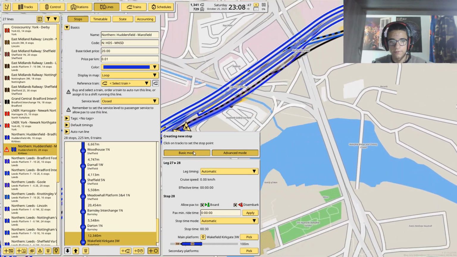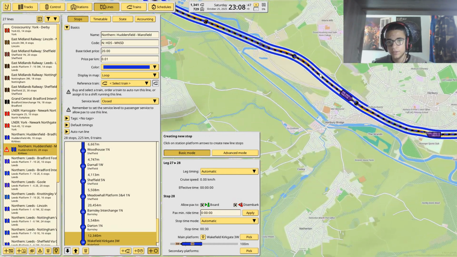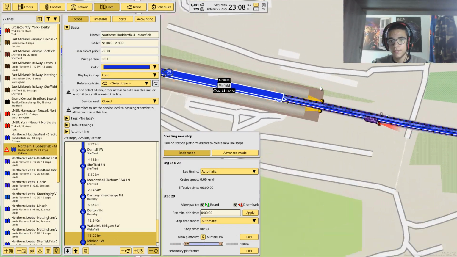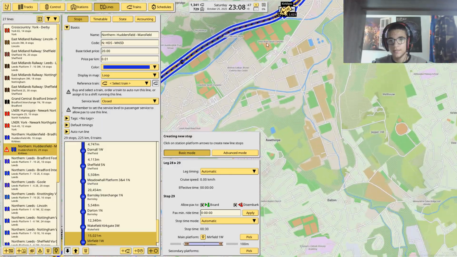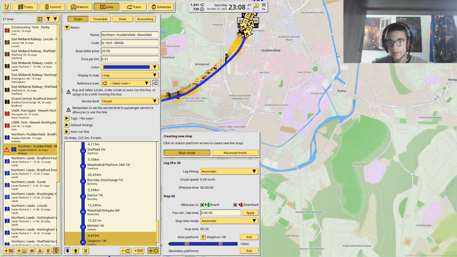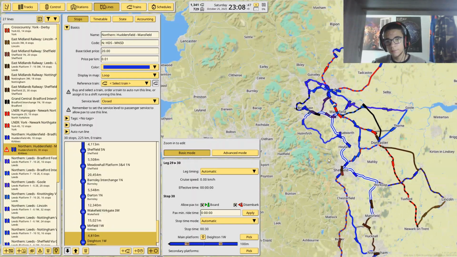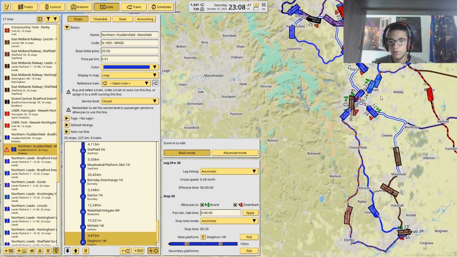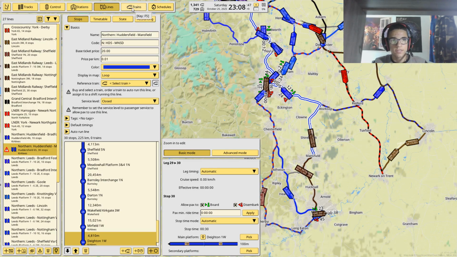We'll just use this platform. And then back down to Mirfield. Oh, wait, that's the right platform, isn't it? Yeah. And then Dewsbury, and then Huddersfield. So this is a bit of a strange line, but I think it will be useful to reduce stress between that area. So we're just going to get some trains for it.